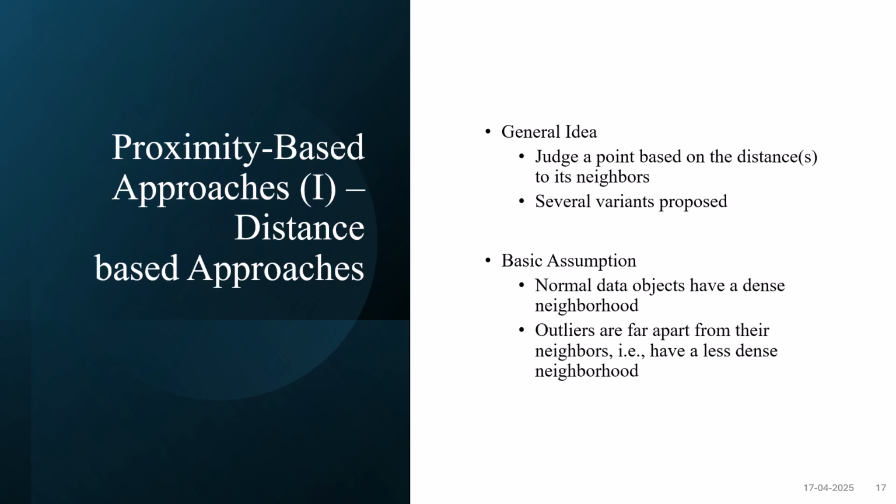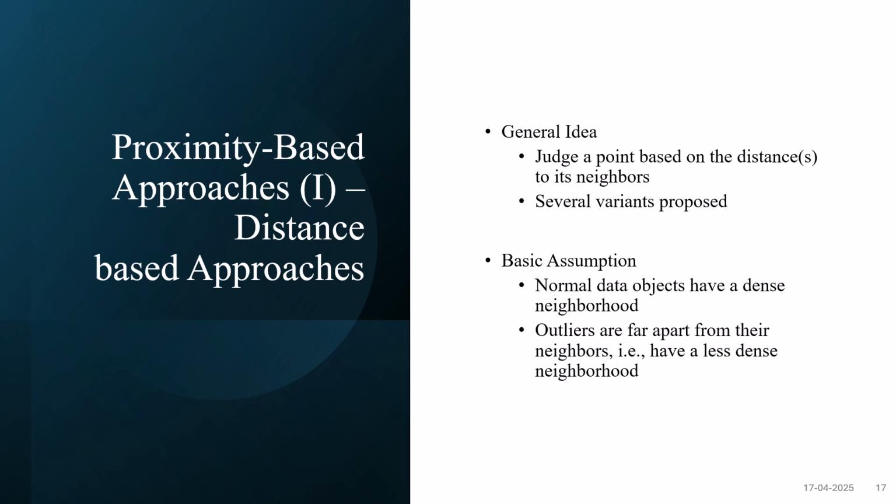Distance-based approaches. A representative method of proximity-based outlier detection uses a concept of distance-based outliers. For a set D of data objects to be analyzed, a user can specify a distance threshold r to define a reasonable neighborhood of an object.